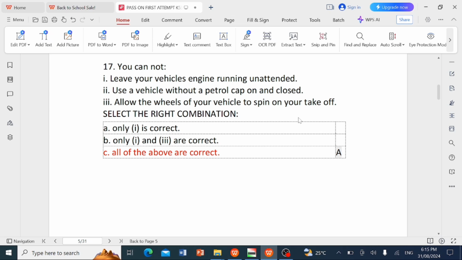So obviously you may not do that for many reasons. Safety reasons will be one, because you may lose control of the vehicle, and also that will cause wear and tear on your tire, on your suspension, on your engine. A lot of things can go wrong with that, so it's definitely not advised. So which one is the correct answer? Well, the correct answer I submit to you is all of the above.